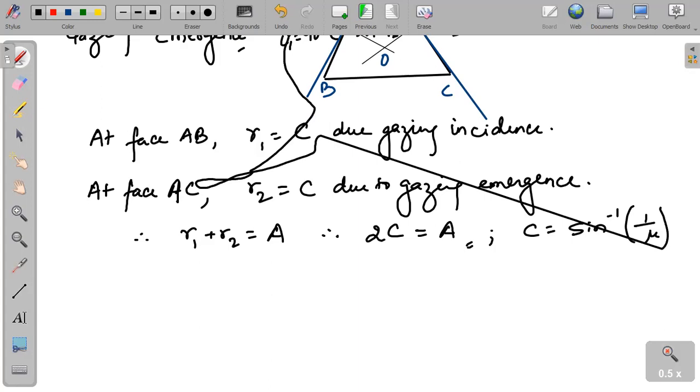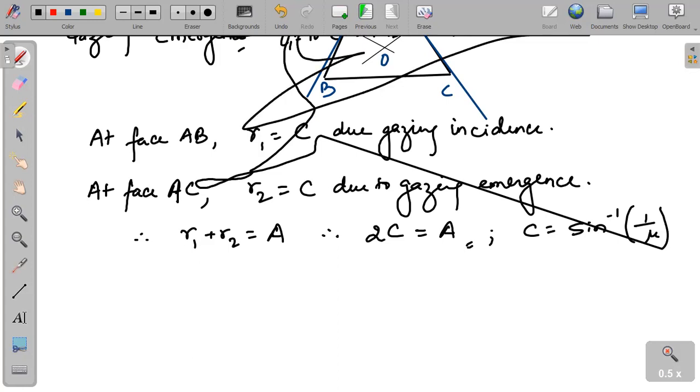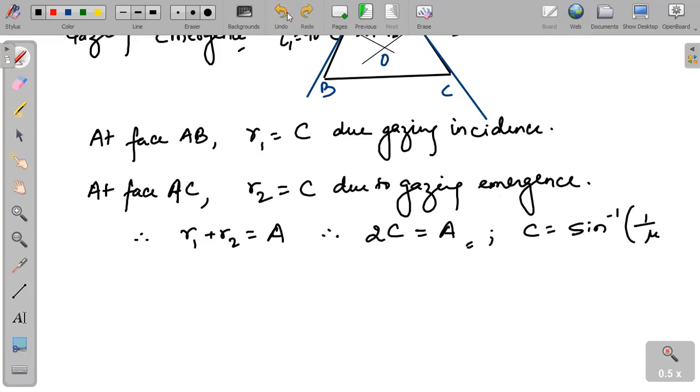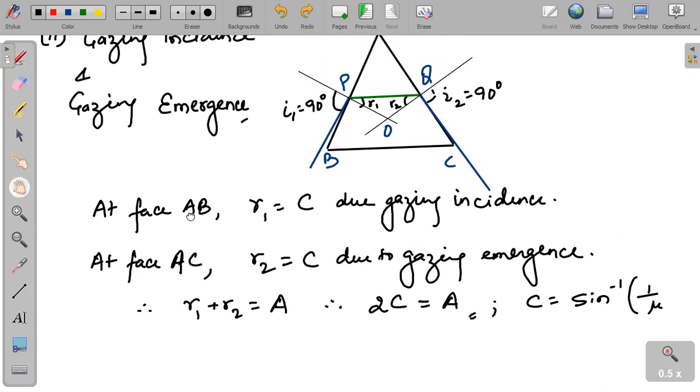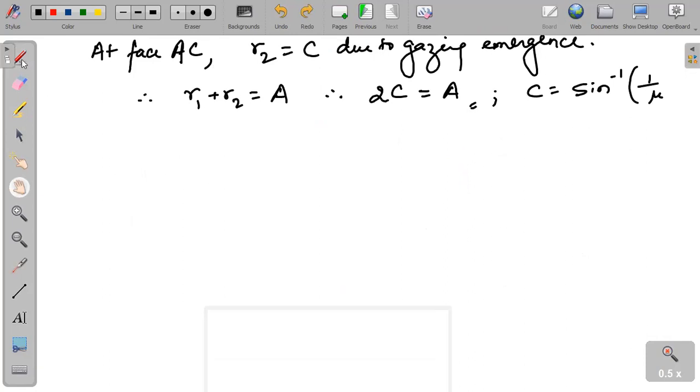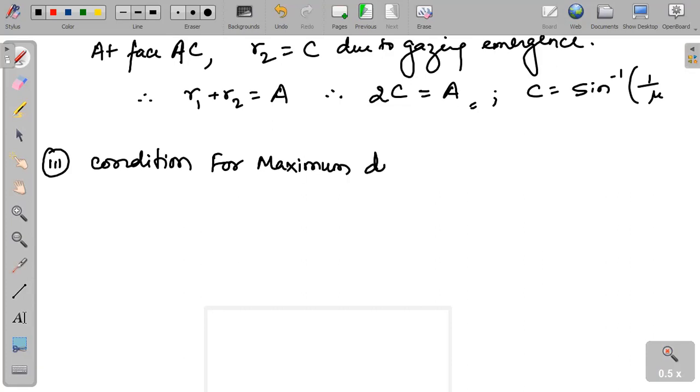The third condition is the condition for maximum deviation.